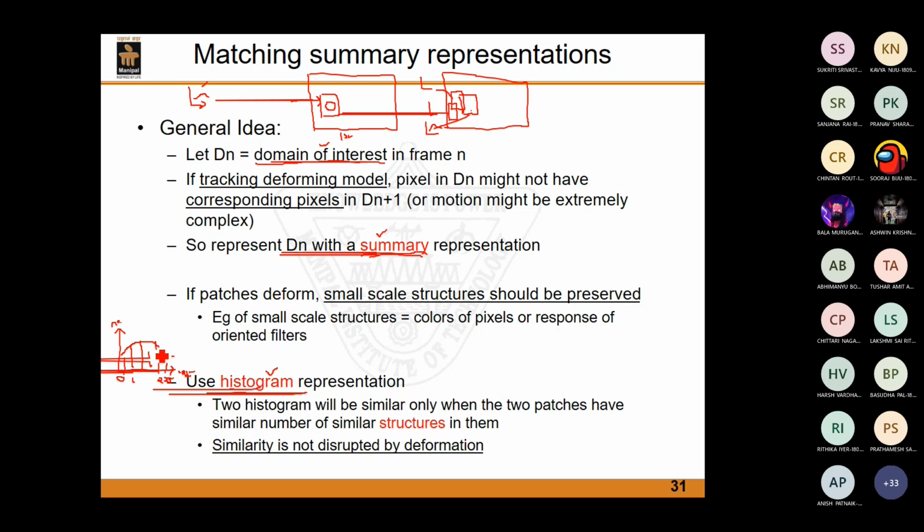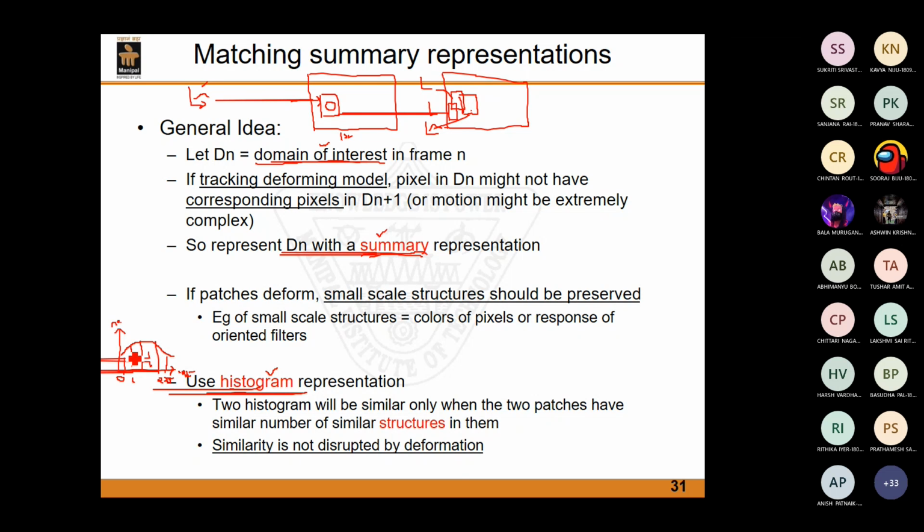Then what happens is, from this bin, one or two of these pixels may go to the neighboring bins. It may go to this bin, or to this bin, and so on, depending upon how the pixel intensity variations have taken place.